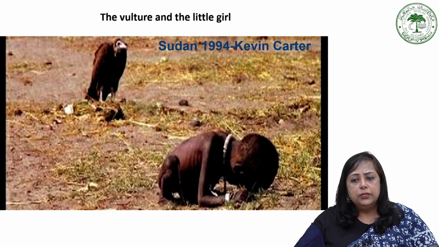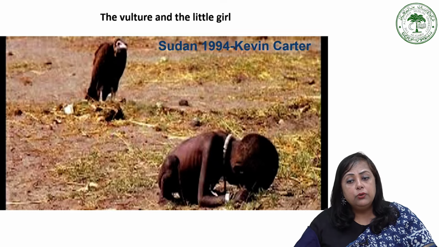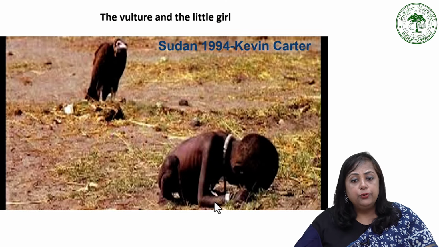He had collapsed in the foreground while a hooded vulture eyed him from nearby. The vulture was waiting for the boy to die so that it could prey on him.